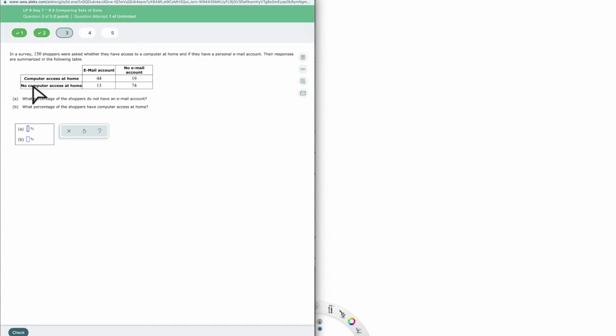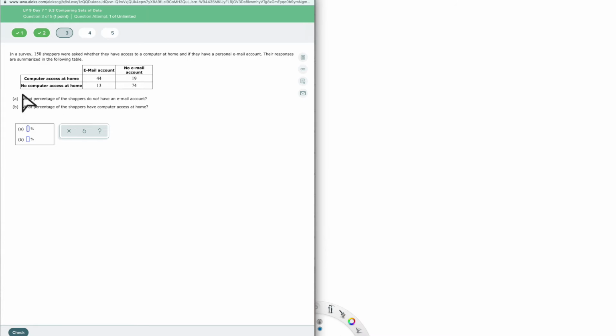No computer access at home, only 13 had accounts and 74 did not. That makes a little more sense. If you don't have computer access at home, it's much less likely that you have a personal email account. So it kind of just depends. Although now I would think that it would be more like a smartphone instead of just a computer.